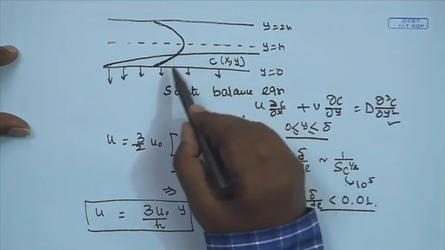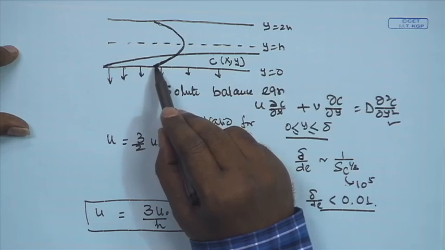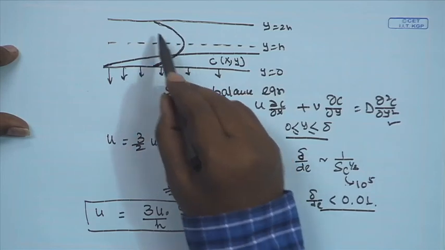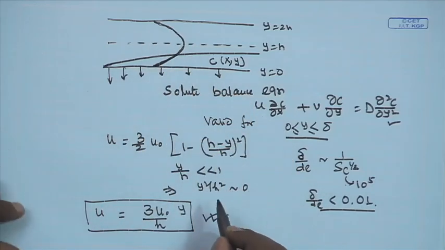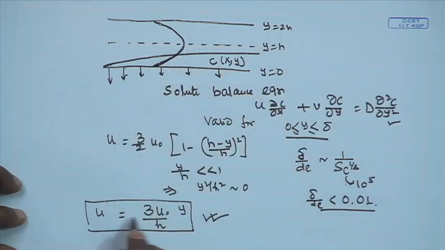That corresponds to this figure: the part of the velocity profile that lies within the mass transfer boundary layer is really a linear part of the total parabolic velocity profile.